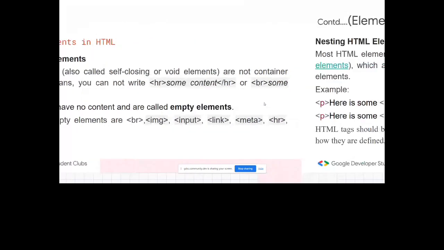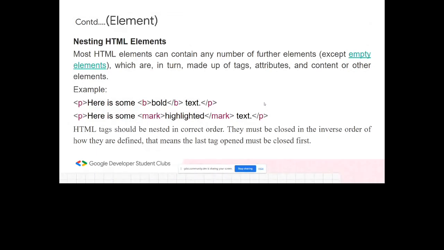Then we learned about nesting HTML elements, which is nothing but having an element inside another element. We discussed it in detail using an example. We must follow the inverse order in which they are defined. This is the one thing you should remember while using nesting HTML elements. This is what we have learned about HTML elements.